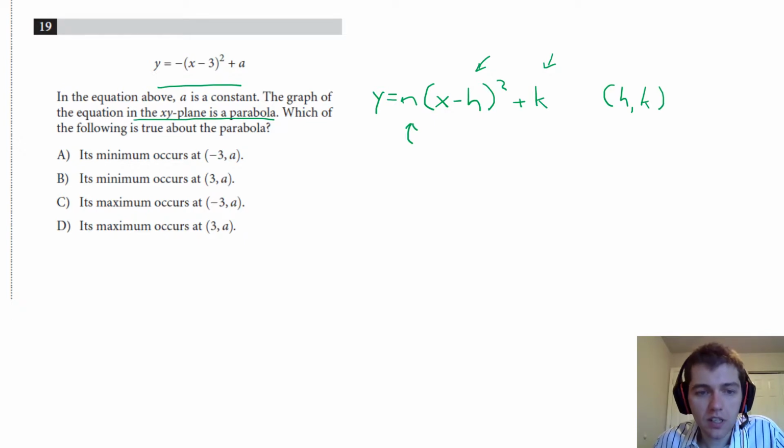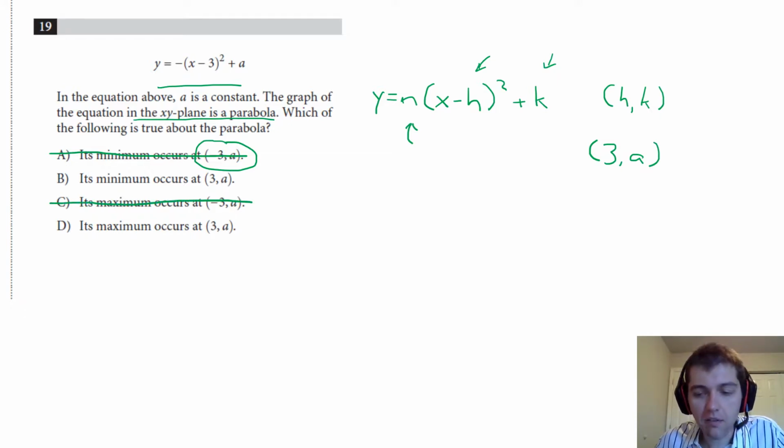So first, they're asking about the vertex here, which you can fill in as h and k, which is 3, comma a. So this one's saying -3, comma a. That's incorrect. The vertex is not at -3.